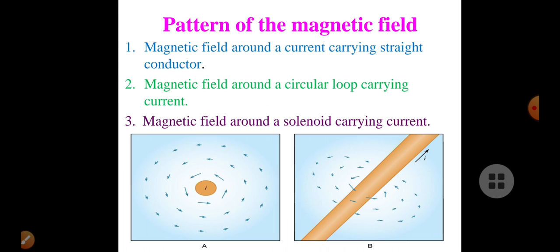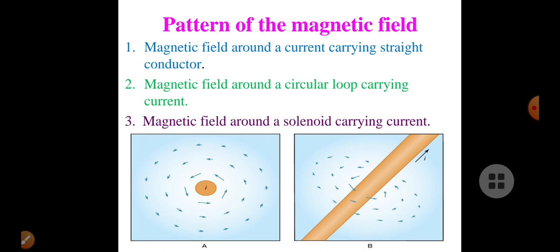So, we can take a straight wire, or we can roll that wire in the form of a circle, or we can make a number of turns of that wire in the form of circular loops. According to that, we will learn in this chapter what will be the change in the produced magnetic field.